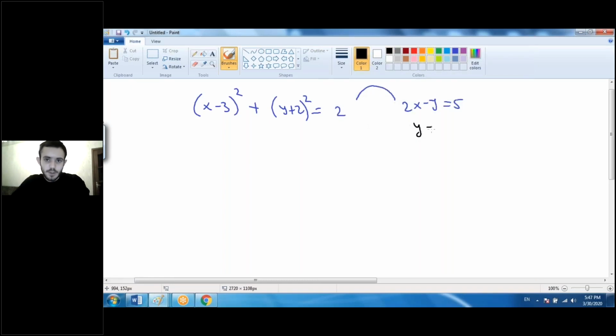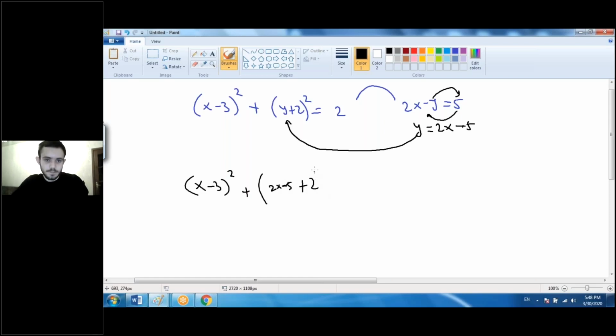So I can find y from here, y equals 2x minus 5, and substitute the value of y here. I will have (x minus 3) squared as we had before, plus, substituting 2x minus 5 instead of y, (2x minus 5 plus 2) squared equals 2.